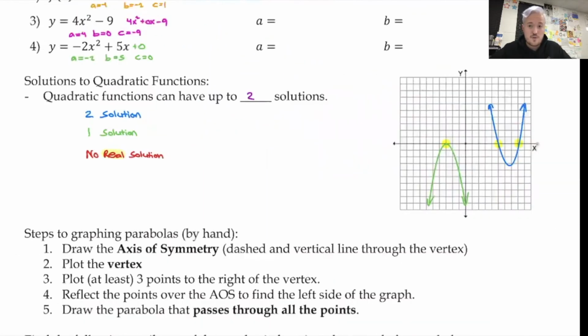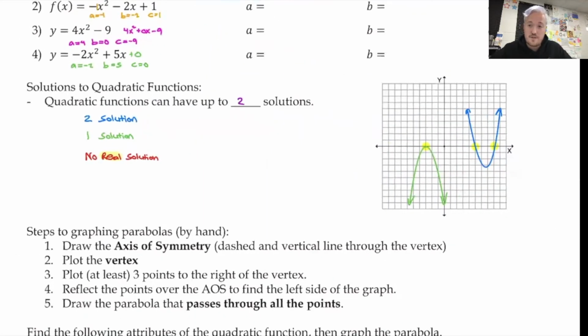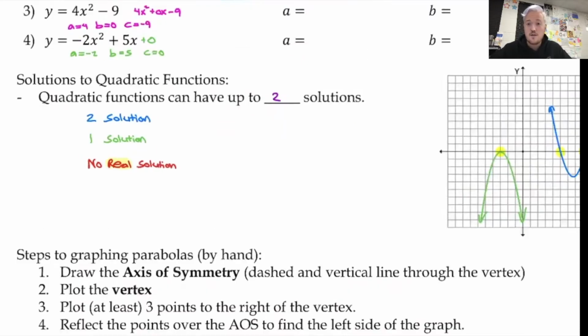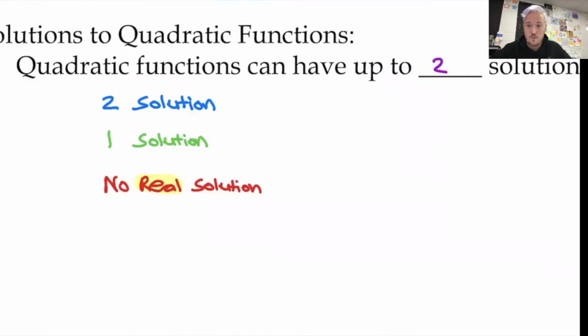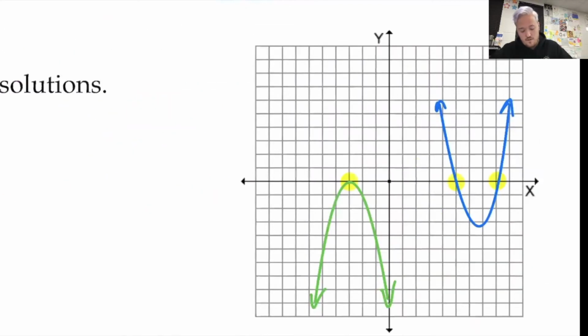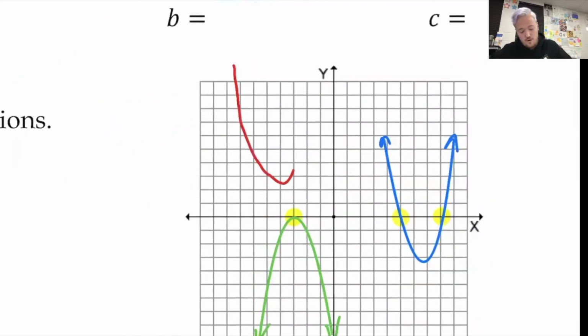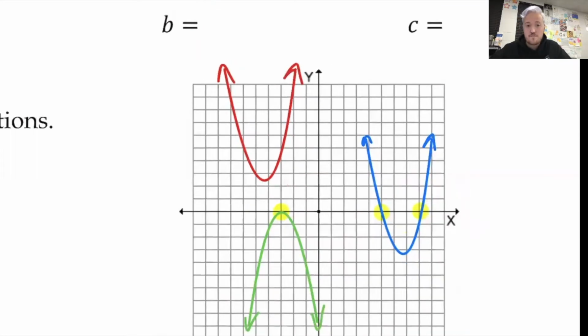Because when you get to algebra 2, you can actually find imaginary or complex solutions using radicals that involve negatives. We're not doing that right now. We're going to save that for your algebra 2 teacher. Right now, not our problem. So right now, all we're going to say is no real solution. So in red, that means your parabola just does not cross the x-axis at all. So there's just no solution.